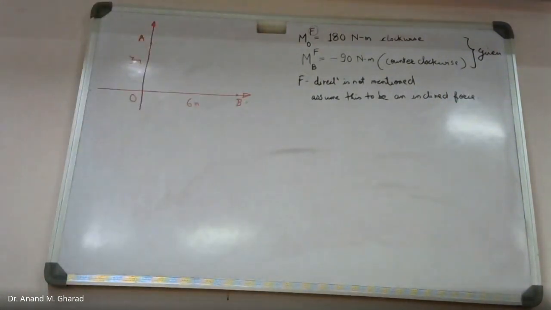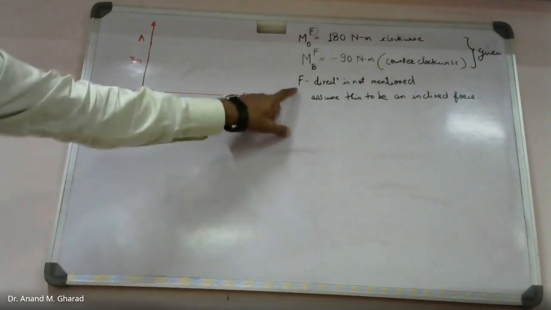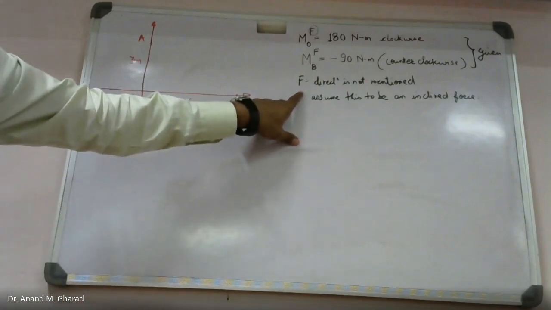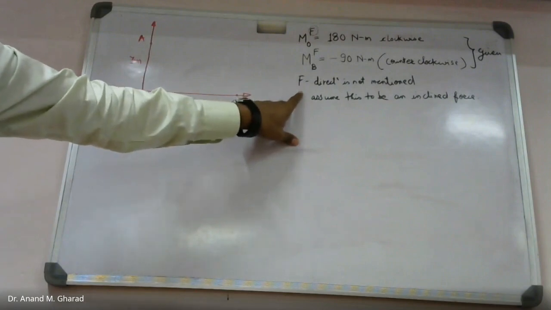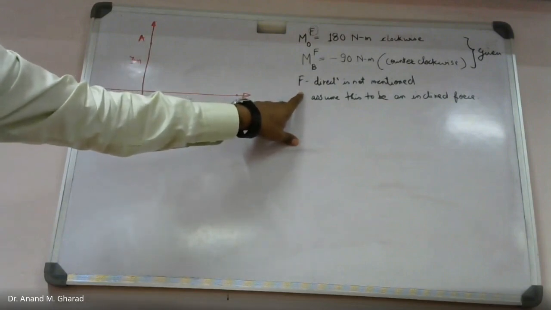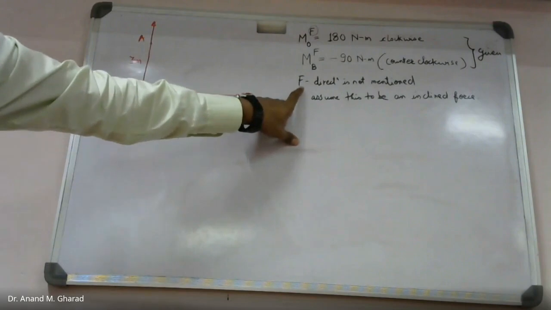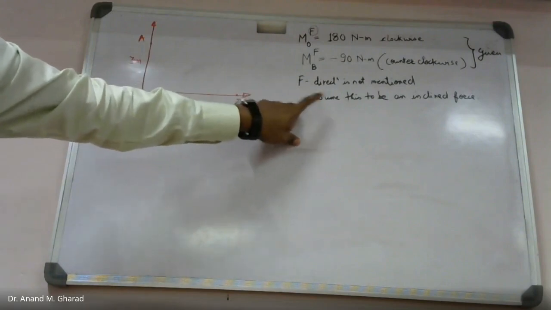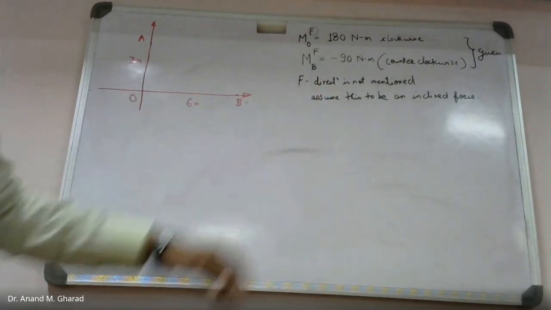I don't know at this point what the exact nature of this force F is. It may be horizontal, it may be vertical. So it is very much judicious to consider this capital F, or whatever unknown force, to be an inclined force.